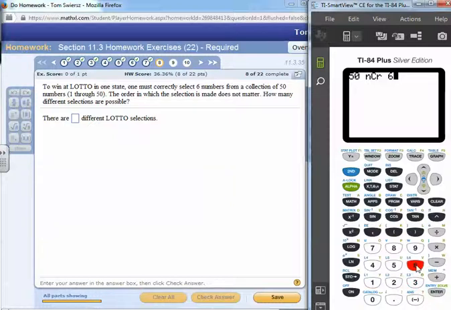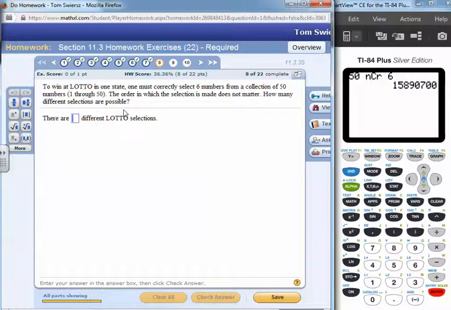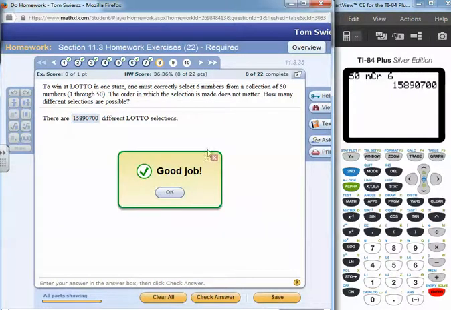So 50 nCr 6, combination 6, that's the problem, so we put it in, and believe it or not, that's why it's very difficult to win the lottery. It's 15,890,700 different selections of 6 numbers from a total of 50.